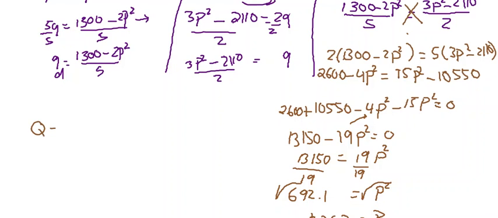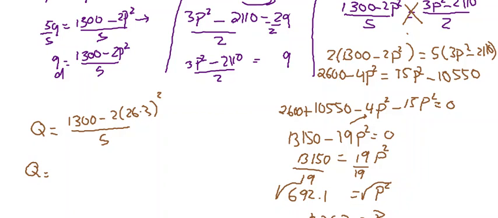So q will be equal to (1300 minus 2 multiplied by 26.3) over 5. So q is equal to (1300 minus 2 multiplied by, here don't forget the square, 26.3 squared) divided by 5.